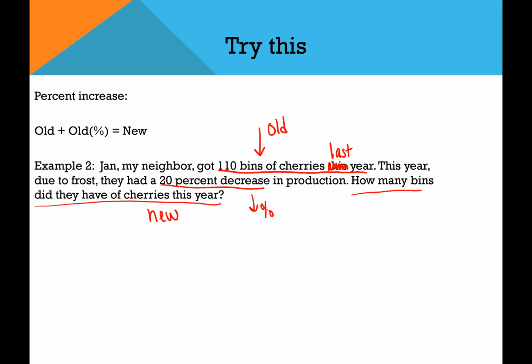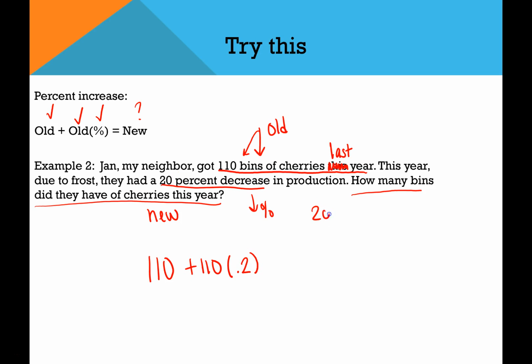So we are given the old, right? We're given 110 bins of cherries, so that's old. We're given the percent, and we're looking for the new. So this is the same problem as the last one, just different numbers. So my old value is 110 cherries plus 110 cherries times 0.2, and it says a decrease, right?